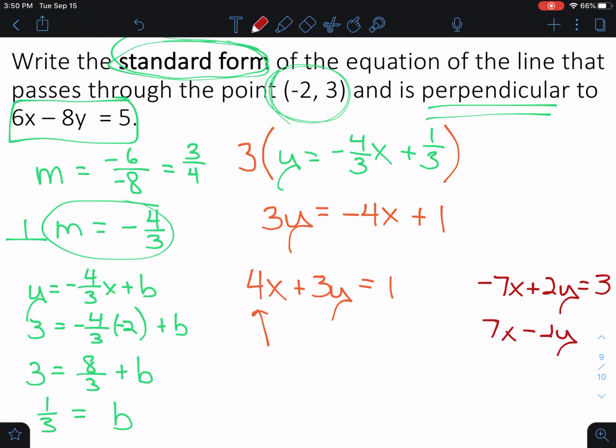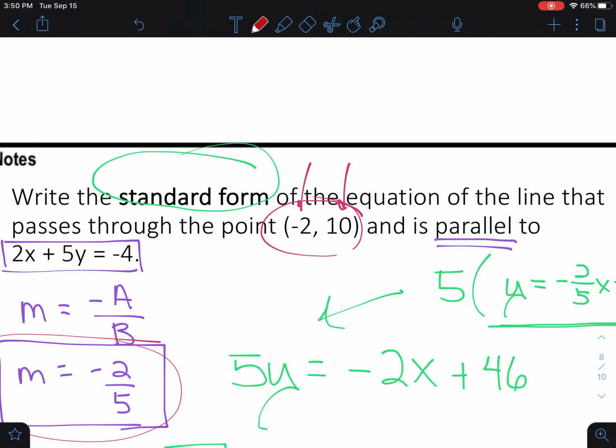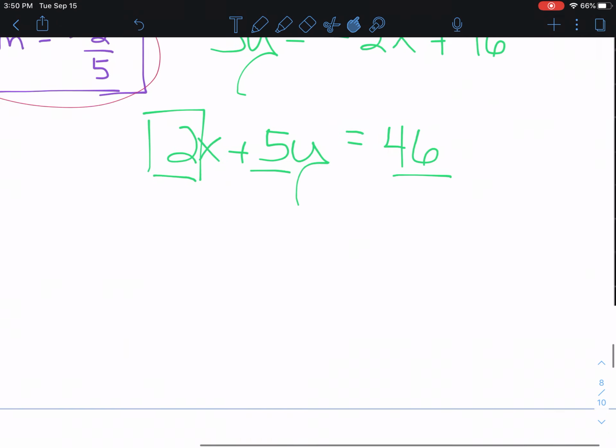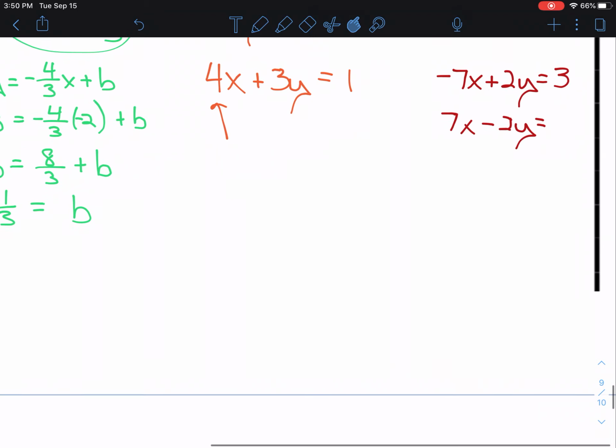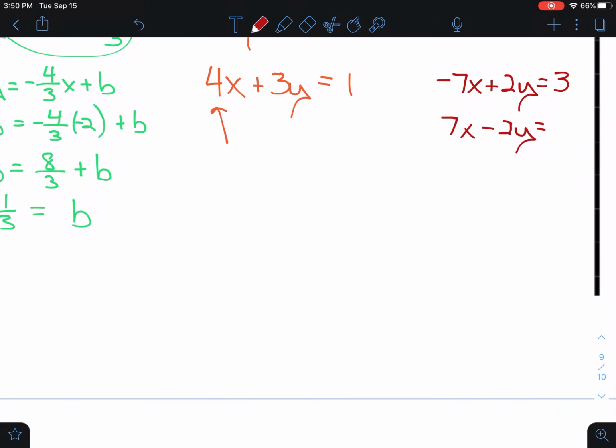So then you would just have this, equals -3. All right, so that's what you would do if this were negative. Then you just change the sign on everything else. But anyways, that was just an example just in case you run across that.